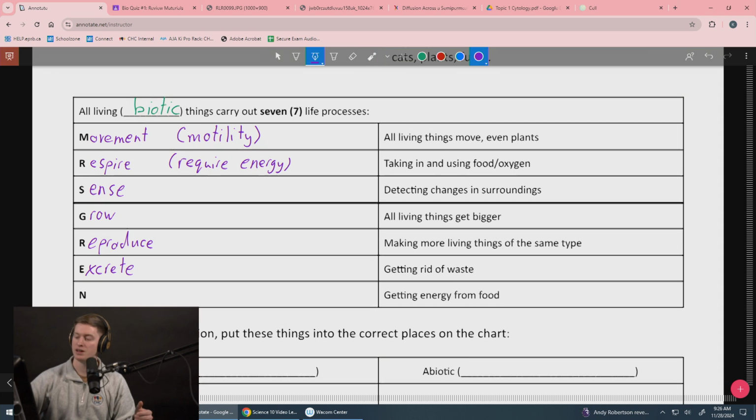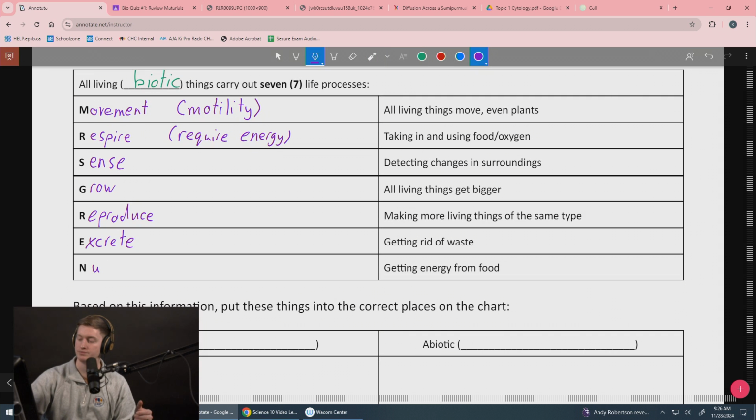Finally, there is nutrition, which means that all living things require a source of food. Some living things make their own food, but they require a chemical source of energy. These are all the things that all living things have in common. Non-living things will be missing at least one of these.